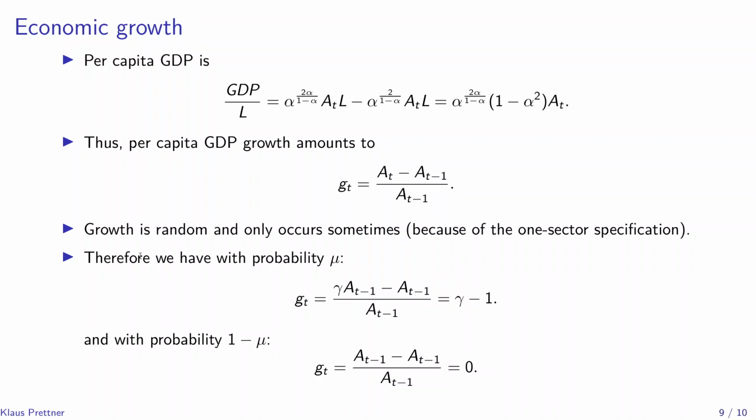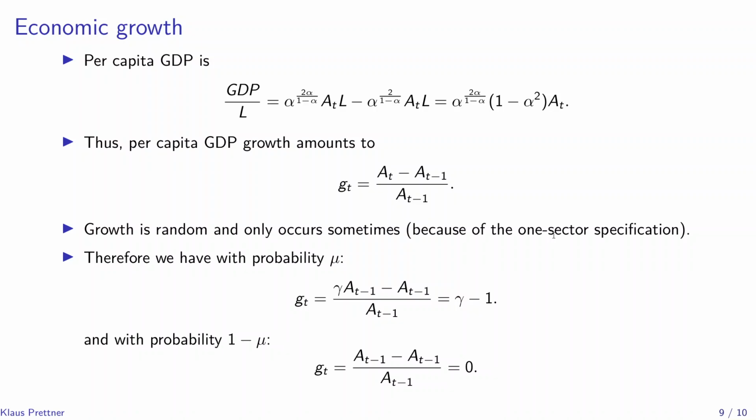Now, however, growth is random because it only occurs sometimes. So there is a probability of a successful innovation, but this probability is not equal to 1. It's equal to a number between 0 and 1. So there will be periods without innovation and there will be periods with innovation. That's a consequence of the one sector specification.